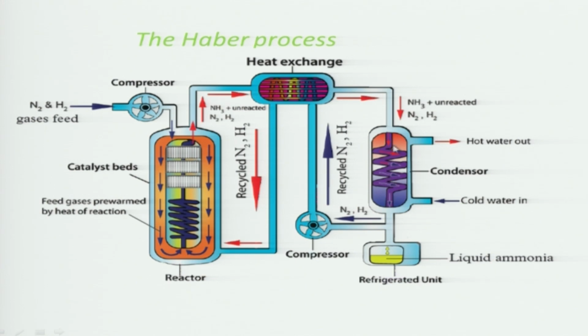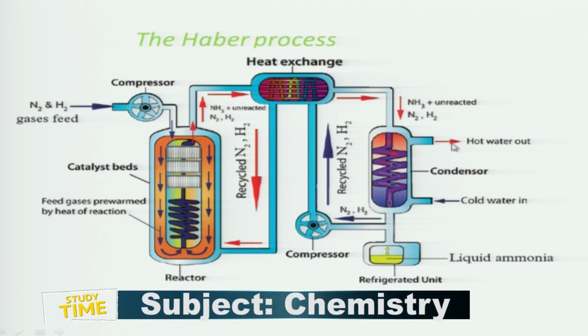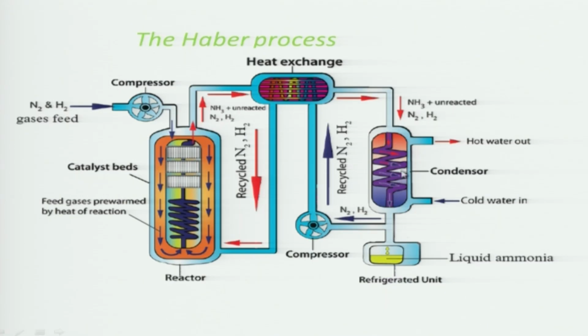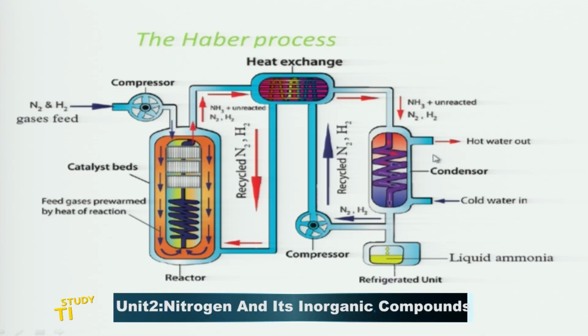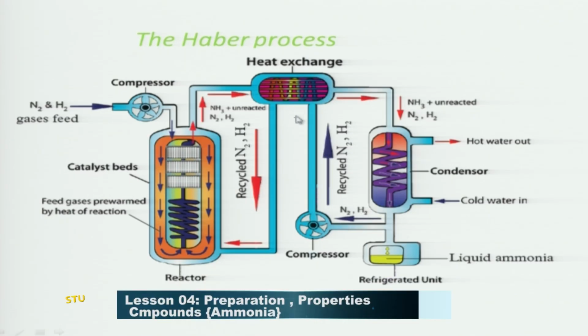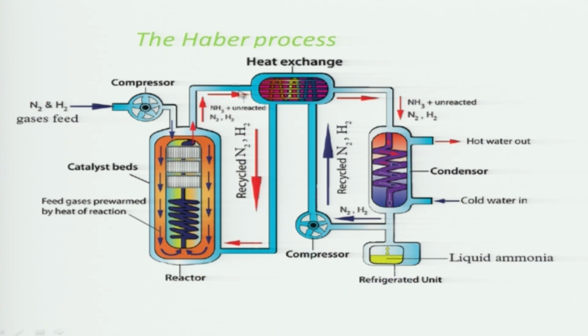When the water gets hot, it is liberated out through this outlet, and more cold water comes in to condense the ammonia gas formed. The unreacted nitrogen and hydrogen will be recycled, taken back to be worked upon again.